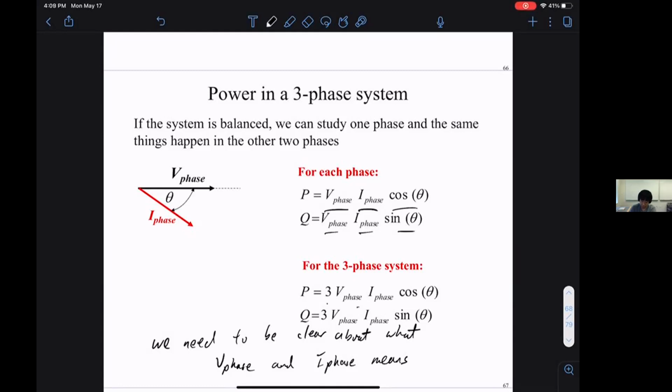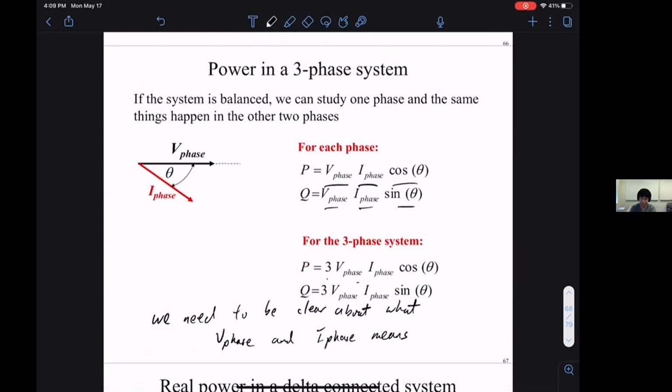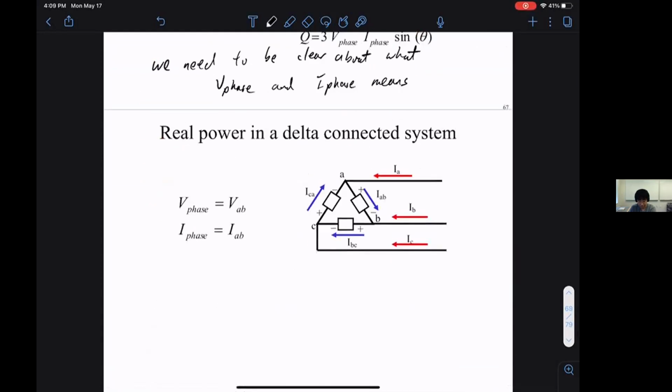But we have 2 connections, Y and delta. So let's see whether the equations make sense for Y and delta systems.